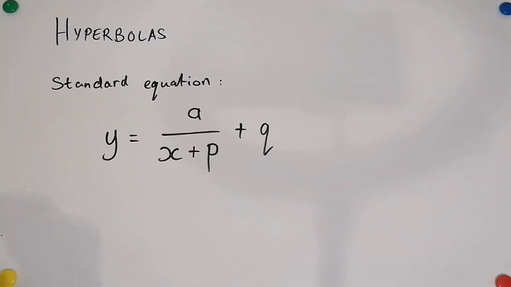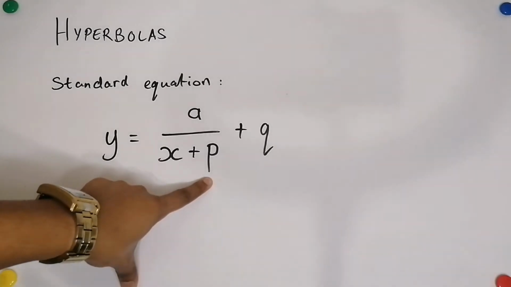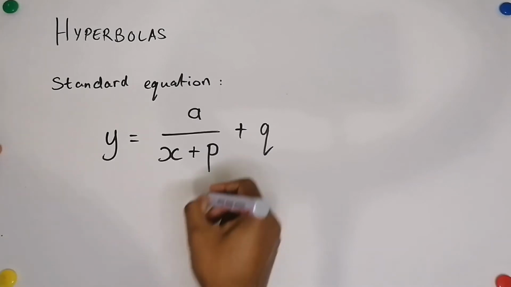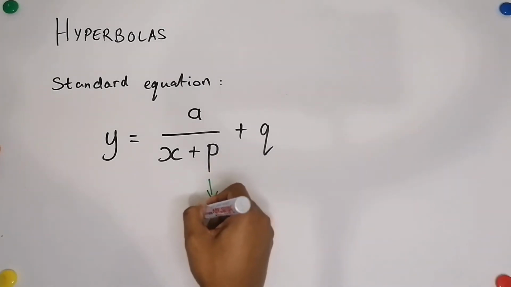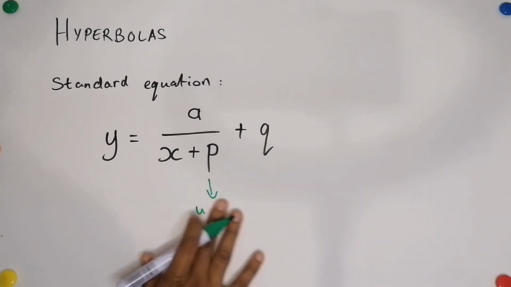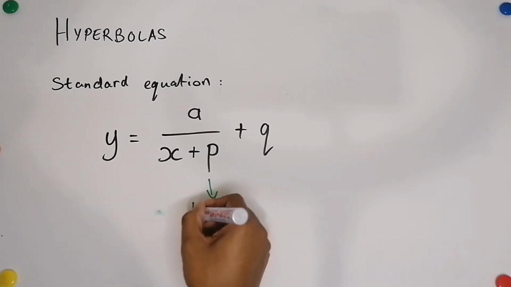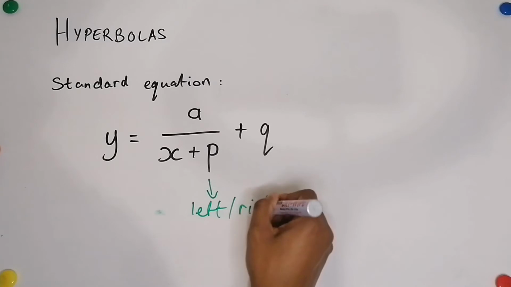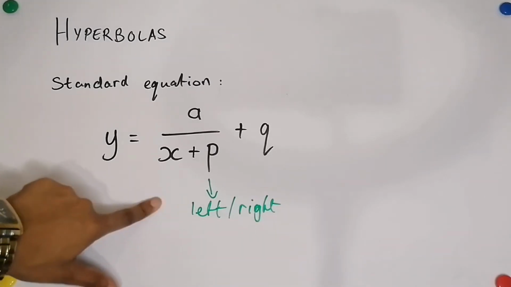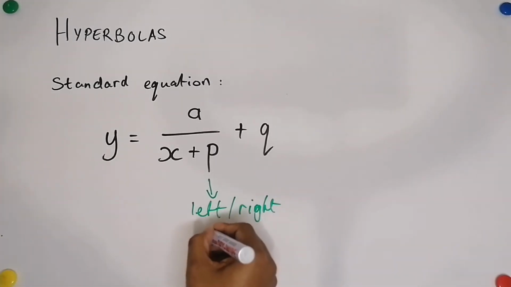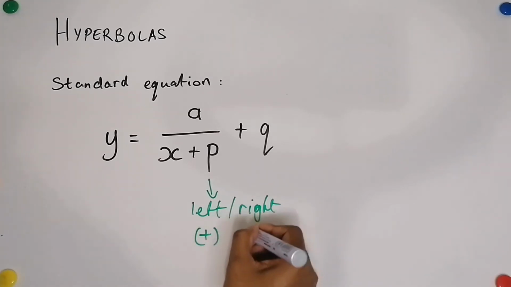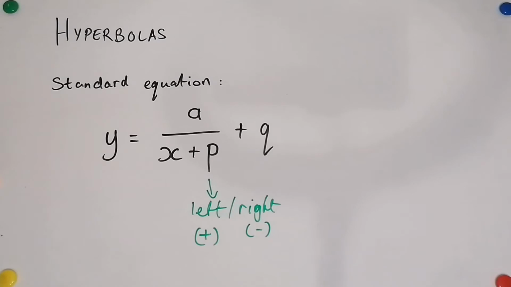So if p was a certain number, what effect does that have on the graph? Well, p will move the graph either left or right. The reason I say left first is because if p is positive, the graph will move to the left, and if p is negative, the graph will move to the right.